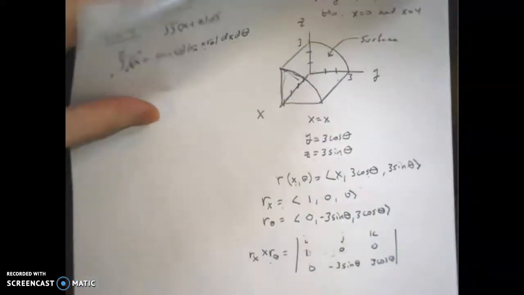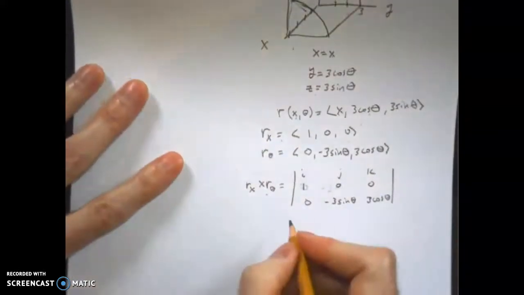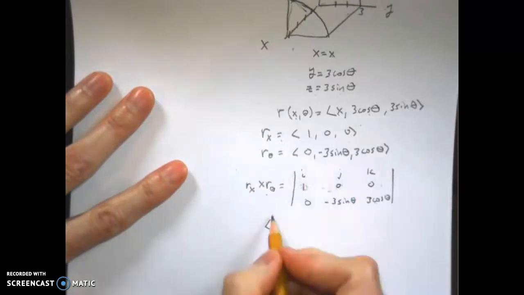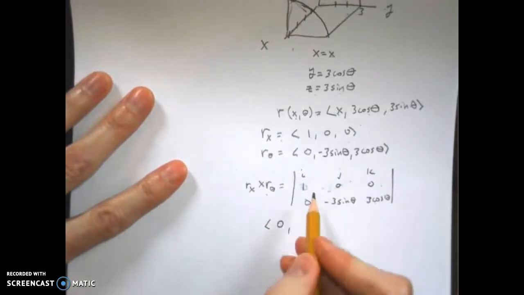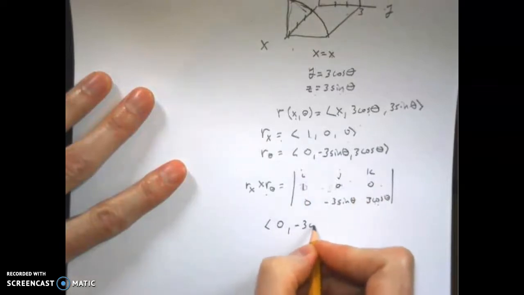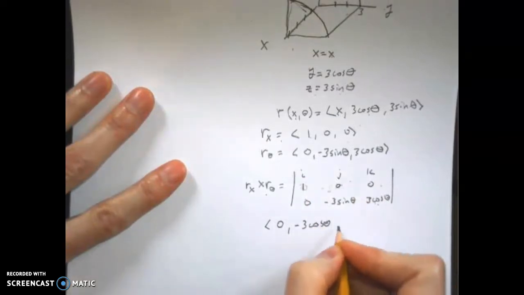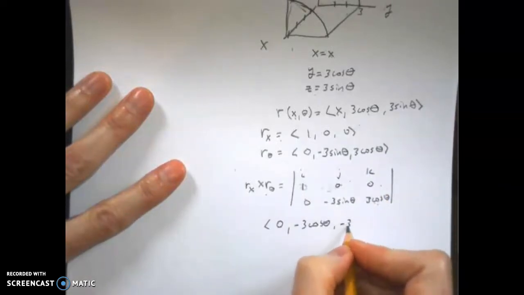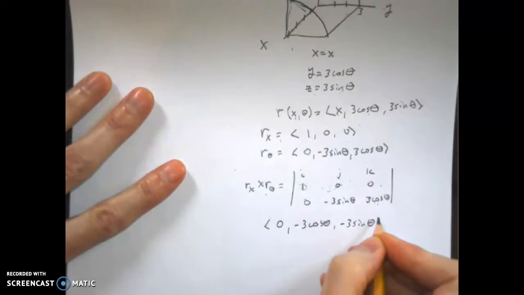Sorry, I did that wrong. r_x is 1, 0, 0, and r_theta is 0, negative 3 sine theta, and 3 cosine theta. We want r_x crossed with r_theta, which is i, j, k. In the i direction you've got 0 minus 0. In the j direction you've got 3 cosine theta minus 0, but it's negative because it's the j. In the k direction you've got negative 3 sine theta.